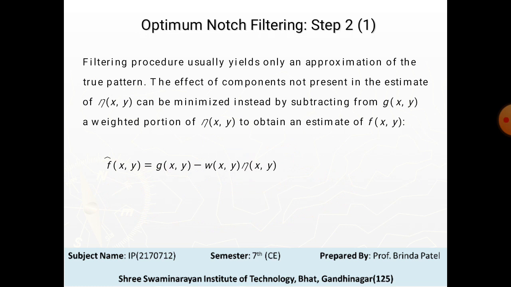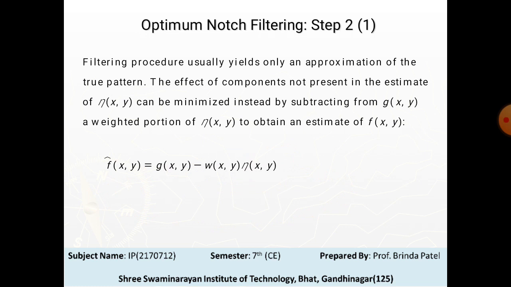The effects of components not present in the estimate of n of xy can be minimized by, instead of subtracting the pattern from g of xy, subtracting a weighted portion of n of xy to obtain the estimate of f of xy, which is f hat of xy equal to g of xy minus w of xy times n of xy.